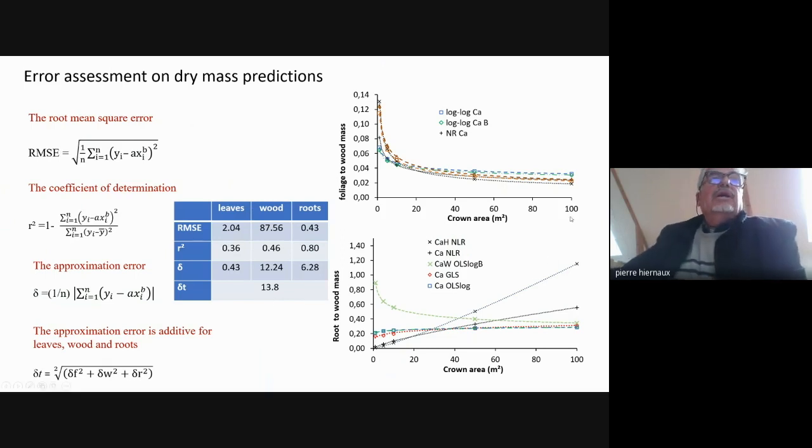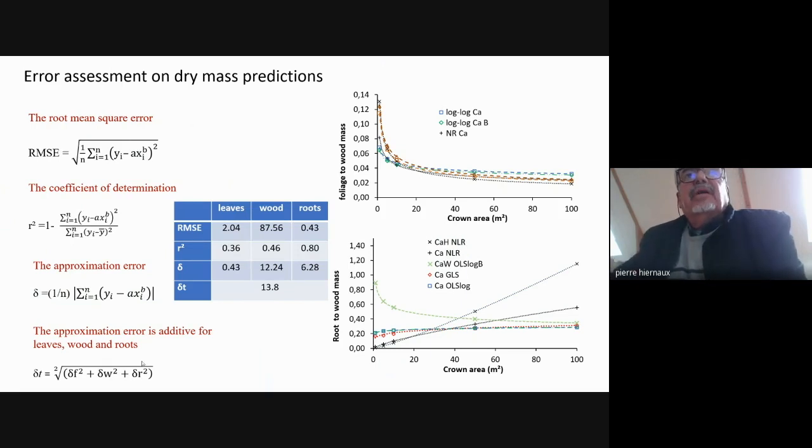Then we also looked at the predictions by these different functions. We also looked at the ratios of foliage to wood mass to see if they were plausible. That was the case, but some of them were quite low.